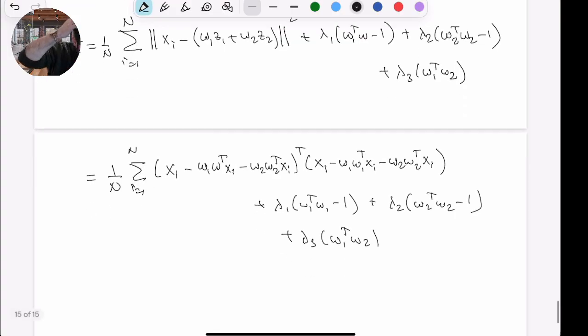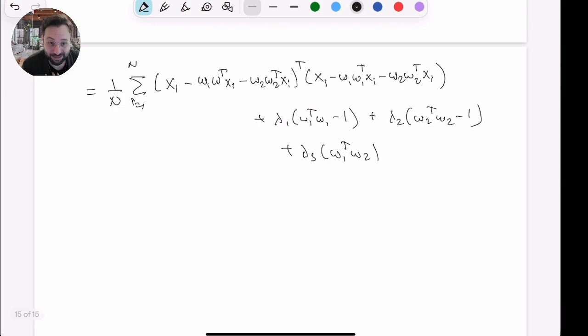Okay, so there are way too many terms in this one.